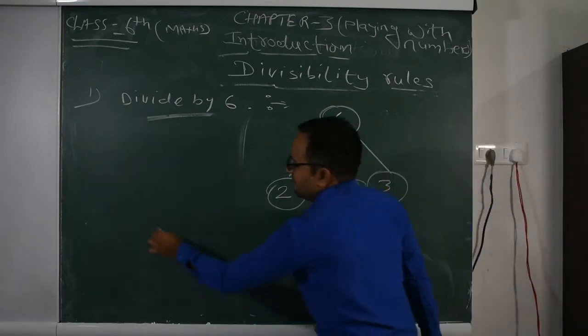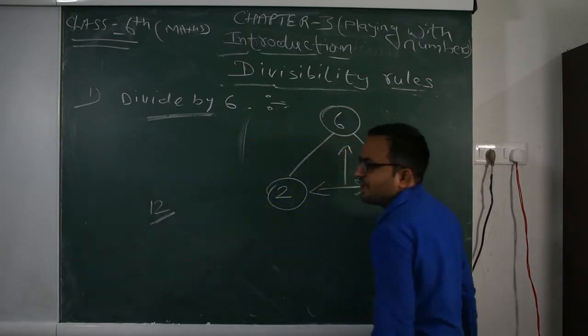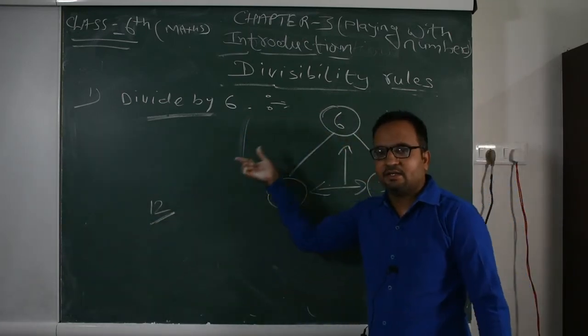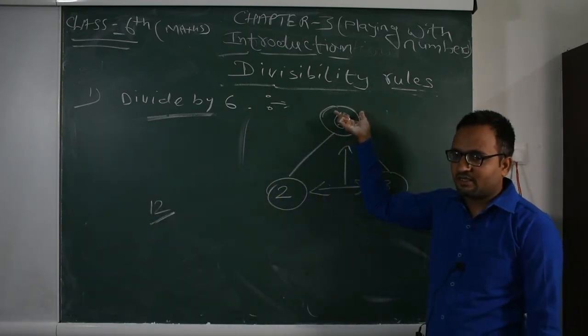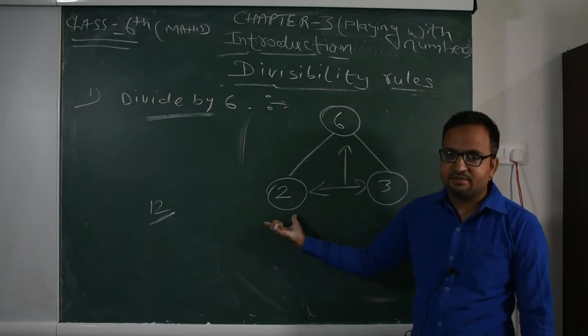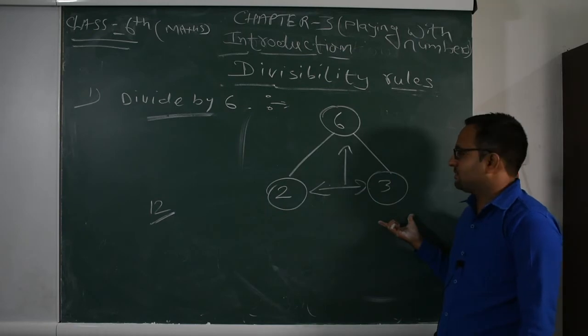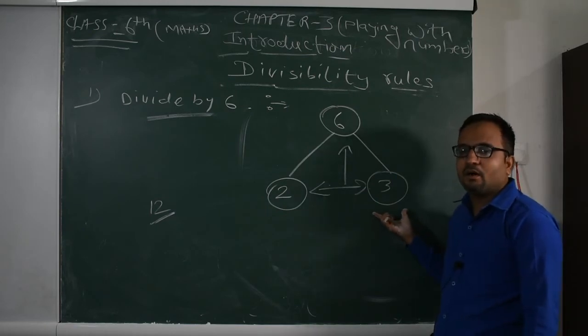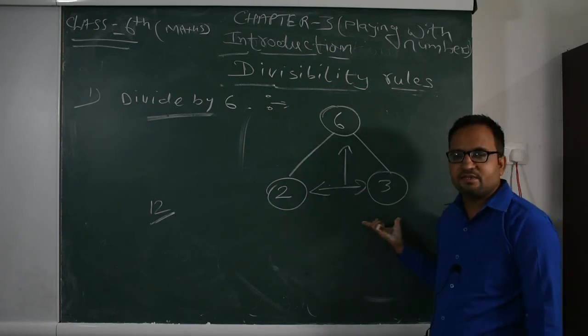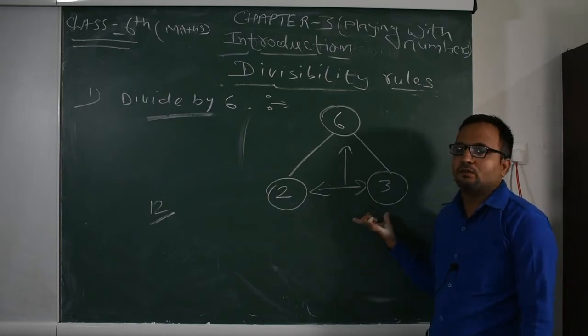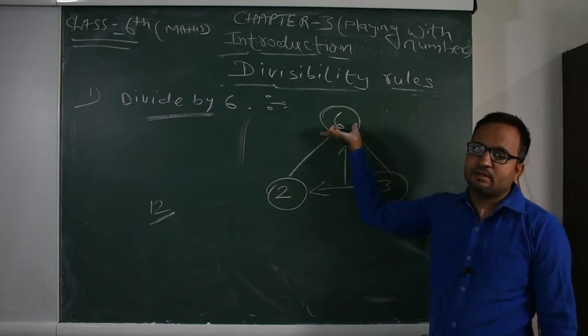For example, 12. We check whether 12 is divisible by 6 or not. For this, first we check whether the number is divisible by 2 or not. Then we check whether the number is divisible by 3 or not. If the number is divisible by 2 and 3, then we call the number divisible by 6.